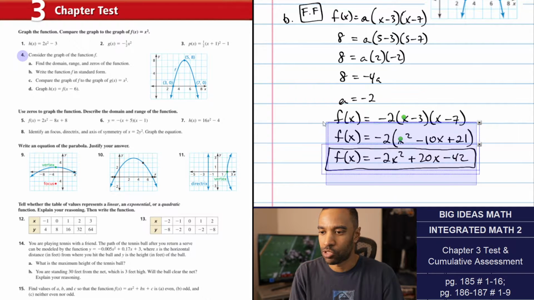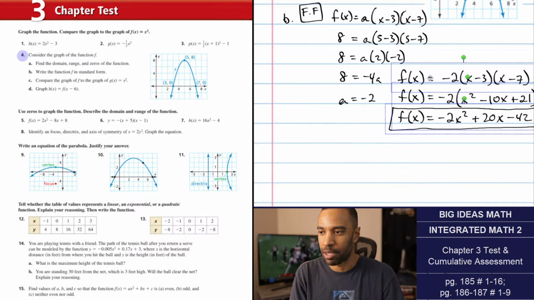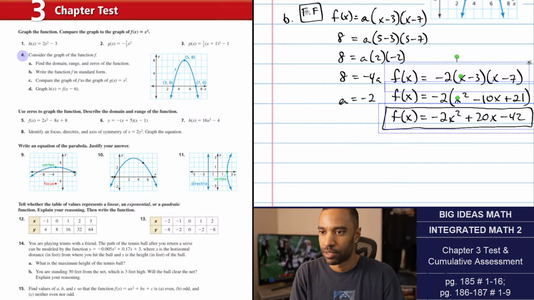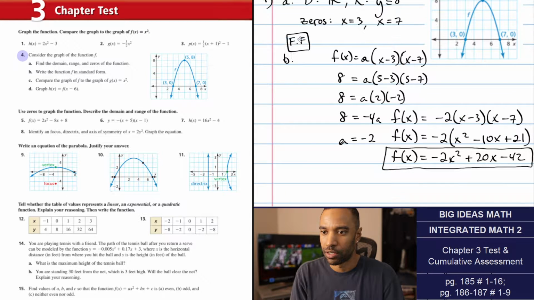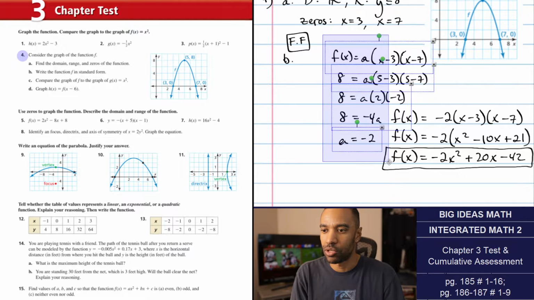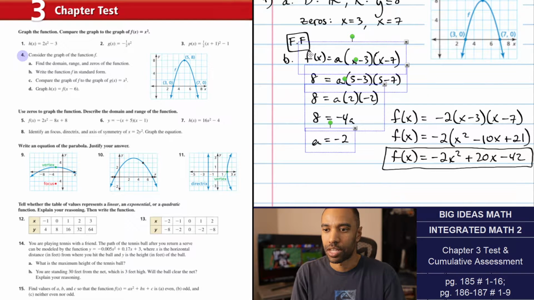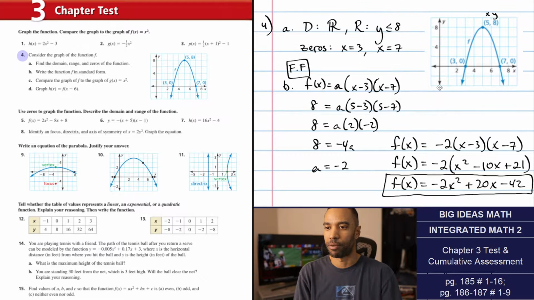Let me scrunch that up into here if I'm able. Just kind of move this part over. Sorry about that. I'm also going to do this out of vertex form. So that's one option. Standard form, factored form, vertex form.